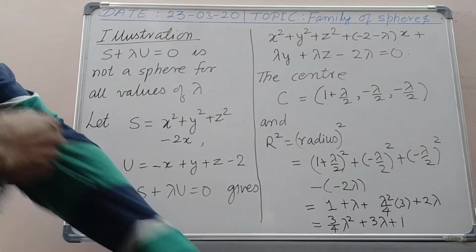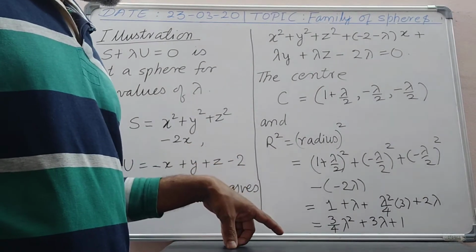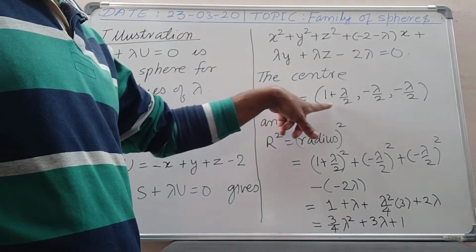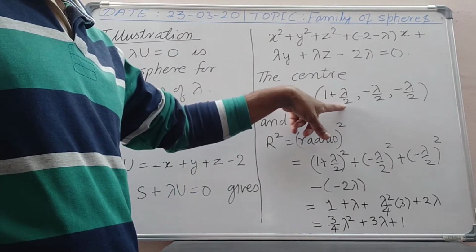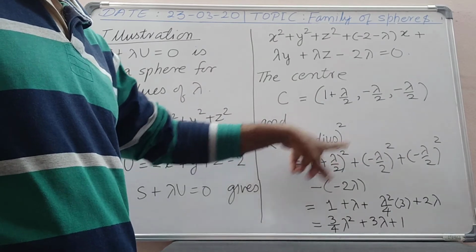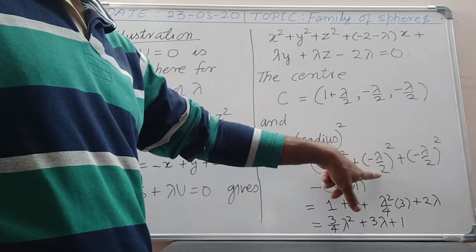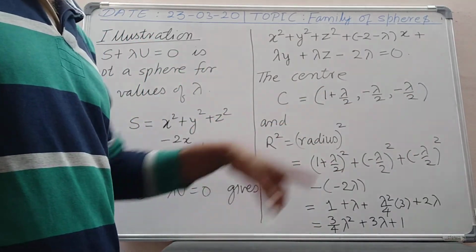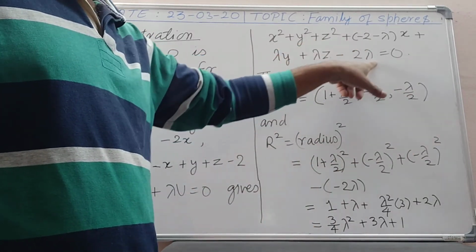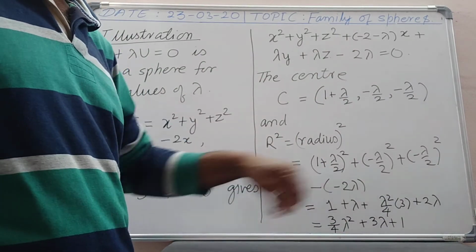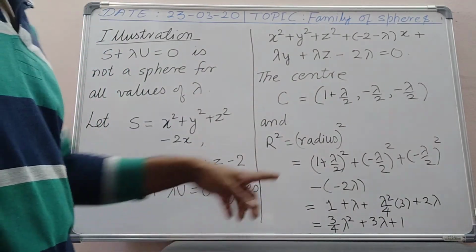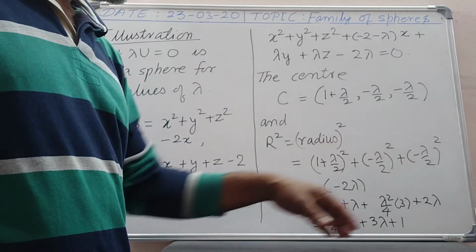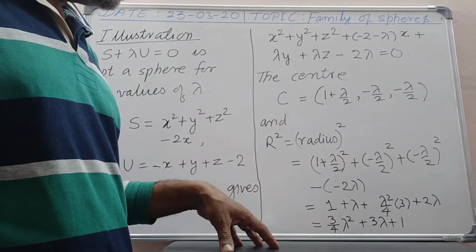All right. So that's minus of u and its square is here. That's minus of v and its square is here. This is minus of w and its square is here. This is d, and minus d is 2 lambda. So after the simplification, just open the brackets, square them out.